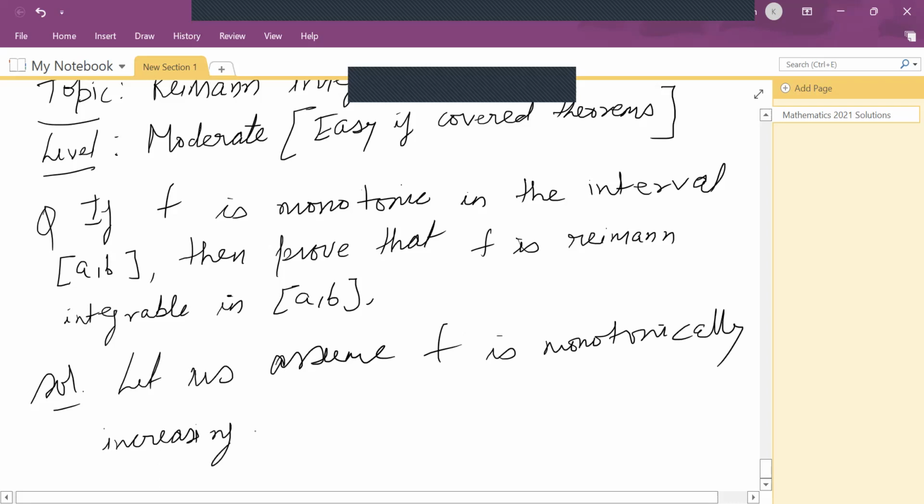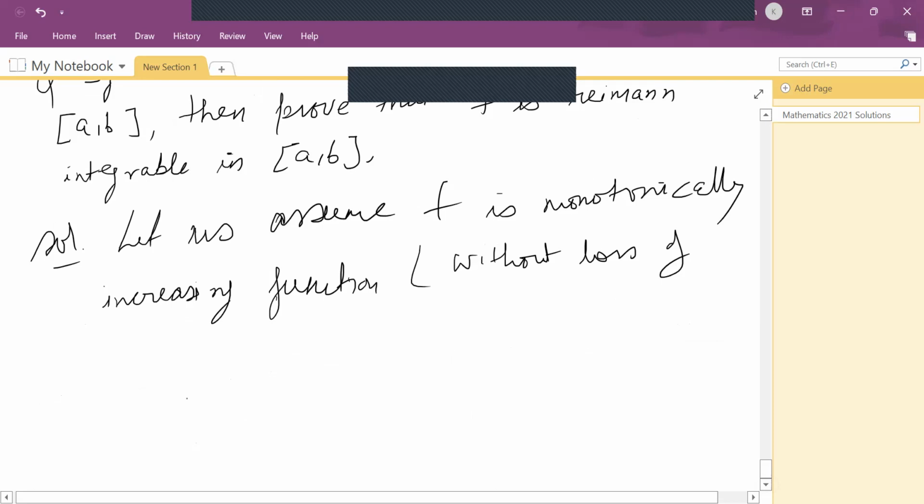The method will be same for decreasing also. Let's prove for one, and we can write similarly for the second. This is without loss of generality, which means that you are just generalizing it.